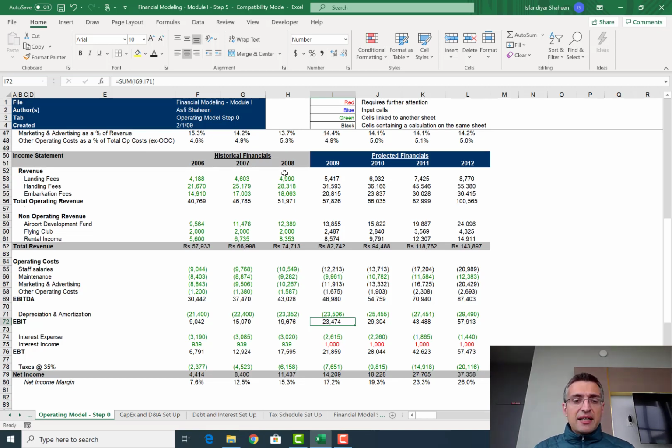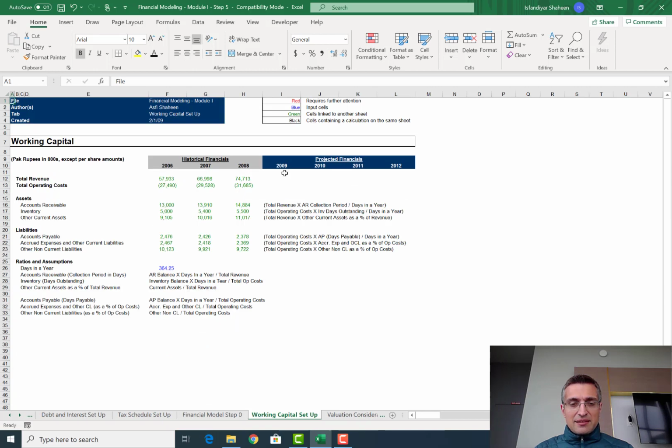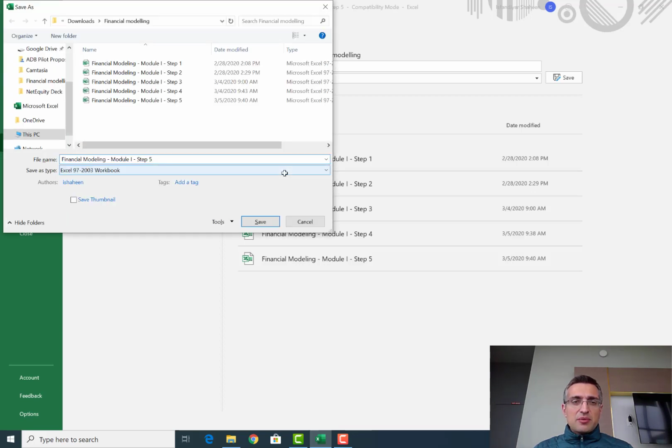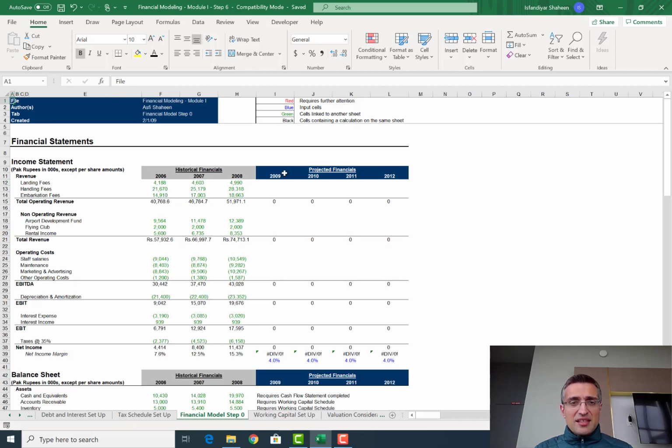So our next step now is to populate the working capital schedule. And as before, I'm just going to save this as financial modeling step 6, and we are now going to start our journey. We went from EBITDA to net income. Our next journey is going to take us from net income to cash flow.